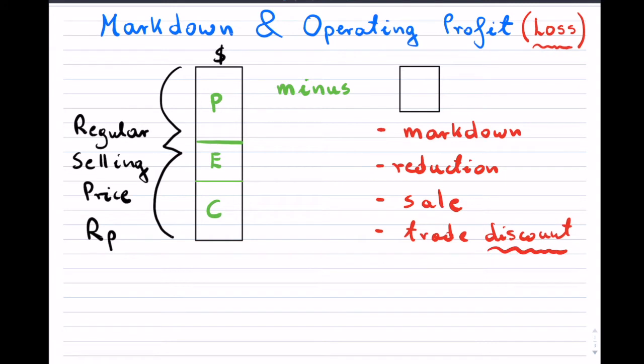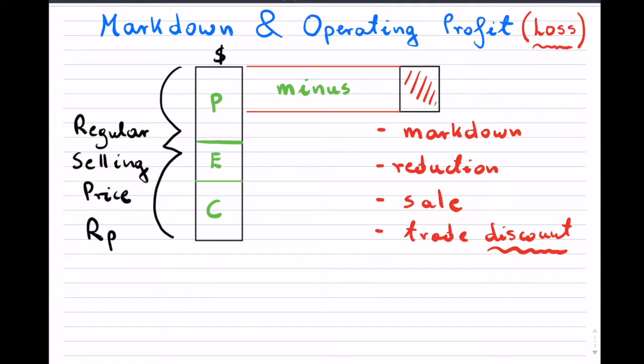So it's some kind of a discount that you have, and this discount will be subtracted. So if it's one-to-one, I'll draw this right here, and then draw this right here.